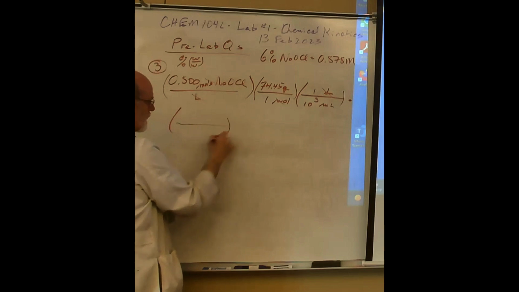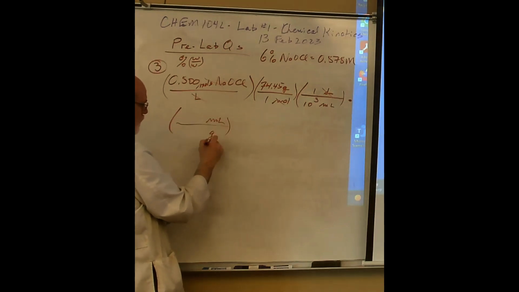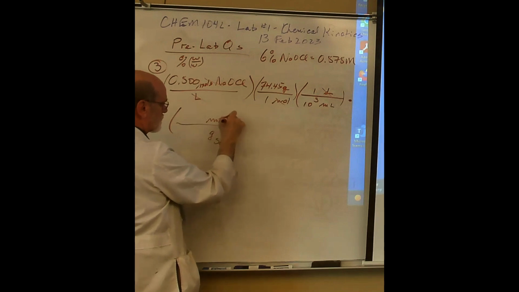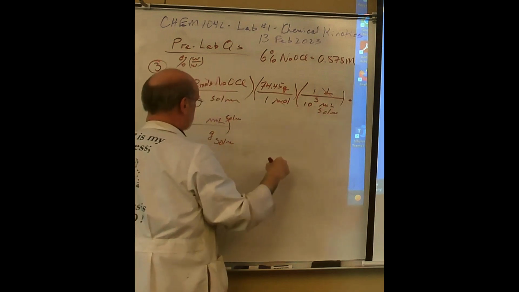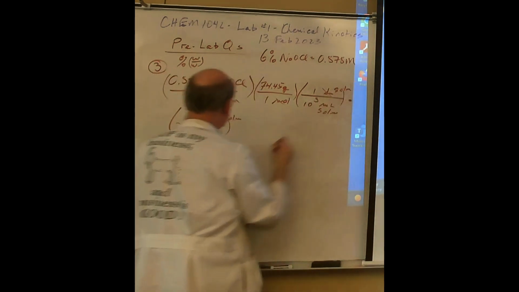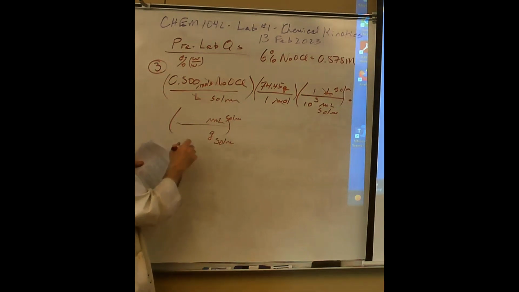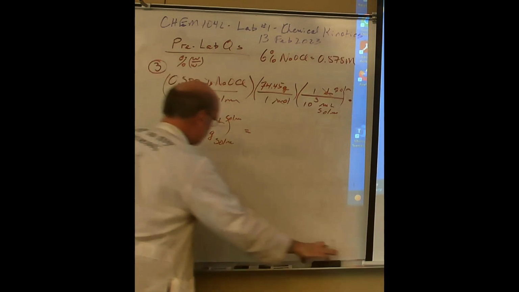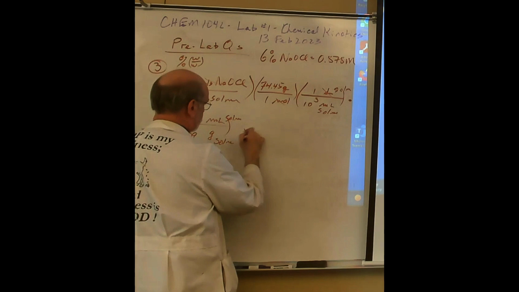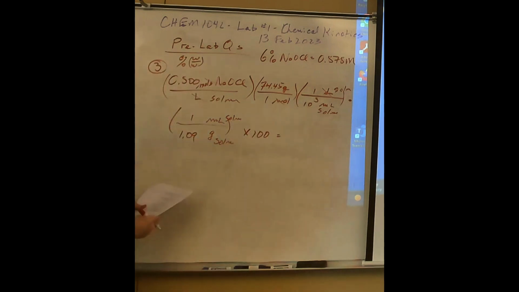Now we can get rid of milliliters and leaves us with grams of solution. So it's 1.09, I believe, grams per milliliter. All of our units cancel and leave us with parts per 100. Oh, no, we haven't done that yet. That's 100. That's percent.